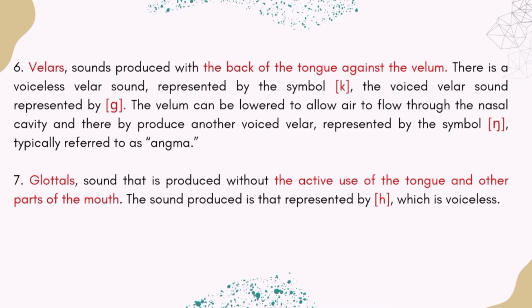The velum can be lowered to allow air to flow through the nasal cavity and thereby produce another voiced velar represented by the symbol ng, typically referred to as engma. For example, kill, cook, go, bake, mock, sing, song.